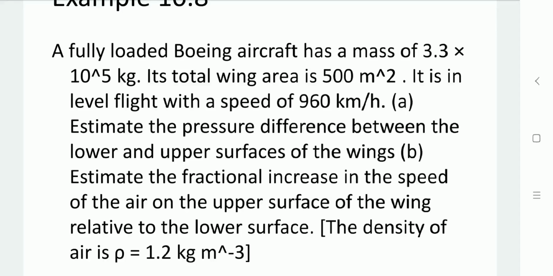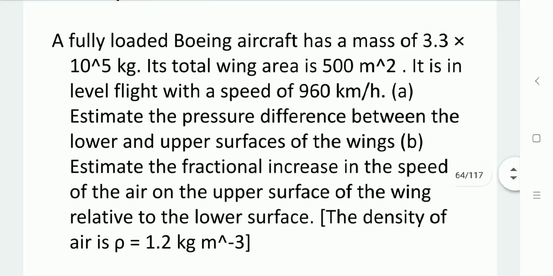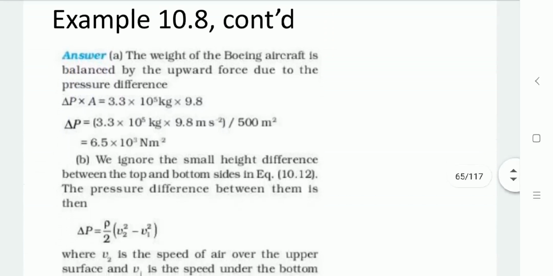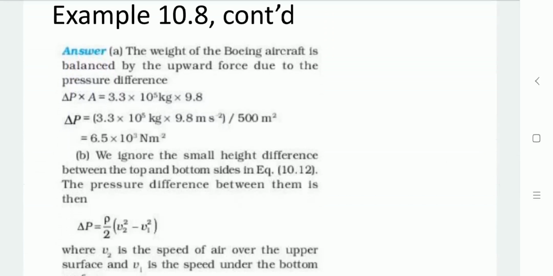So here we need to determine the pressure difference between the lower and upper surfaces of the wing. For that, the pressure difference ΔP times A generates the force. The weight of the Boeing aircraft is balanced by the upward force due to the pressure difference ΔP. So the generated force F equals ΔP × A, and the force would be equal to mg.